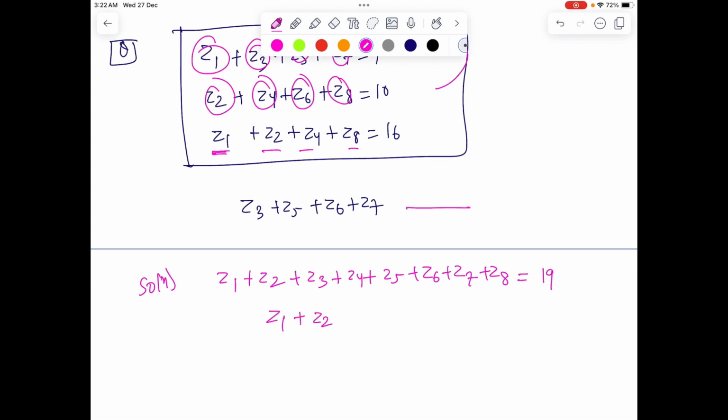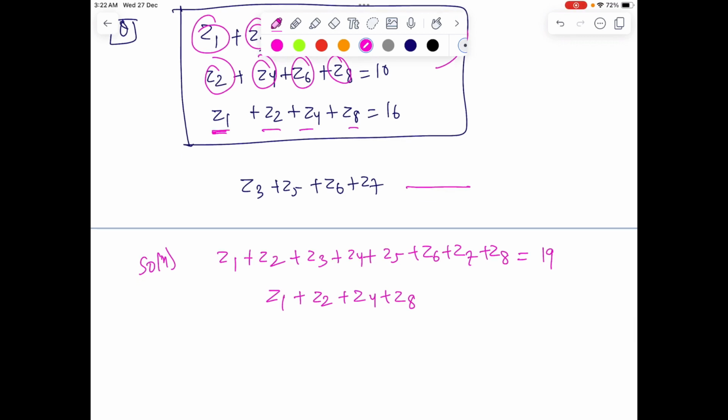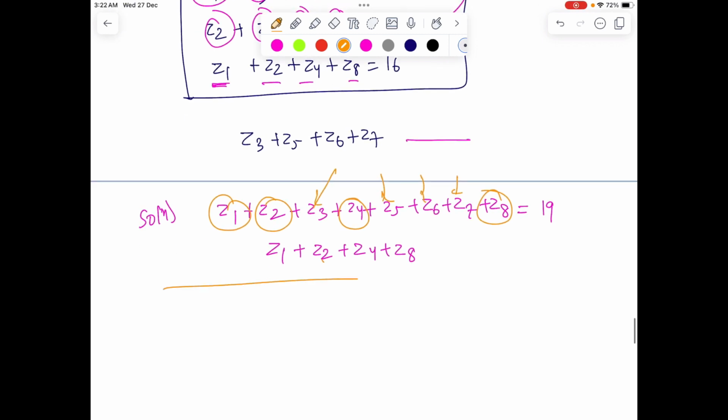Now the last equation is z1, 2, 4, 8, right? So what is missing is, out of these two equations you can clearly see z1 is already available, z2 is available, z4 is available, z8 is available. So what's missing is 3, 5, 6, 7. That's exactly the one. So I'll subtract both equations. This is 16. So if we subtract, we'll get exactly z3 plus z5 plus z6 plus z7, which is 19 minus 16, which is 3.